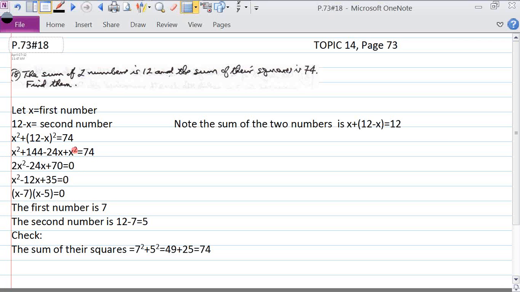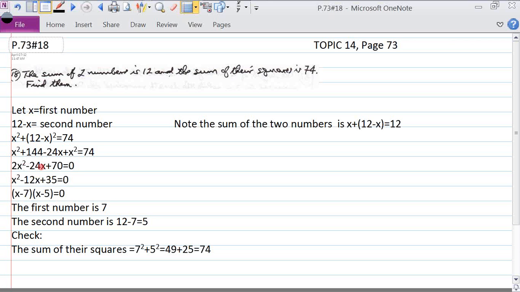Now we collect like terms. This x squared and this x squared becomes 2x squared. The minus 24x stays. Now we have plus 144, and we're going to bring the 74 from the right to the left, so plus 74 becomes minus 74. 144 minus 74 becomes plus 70.